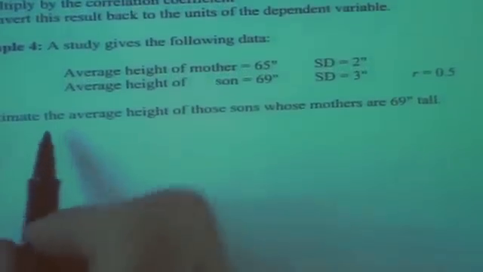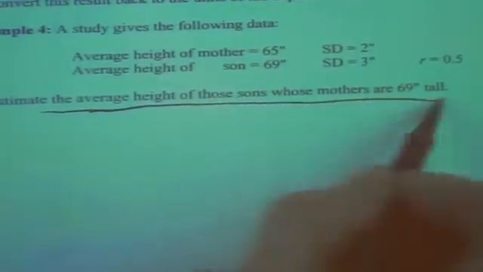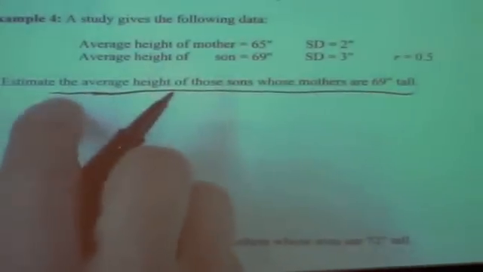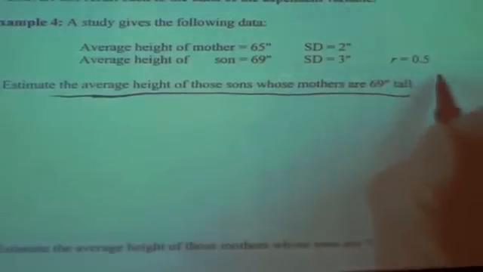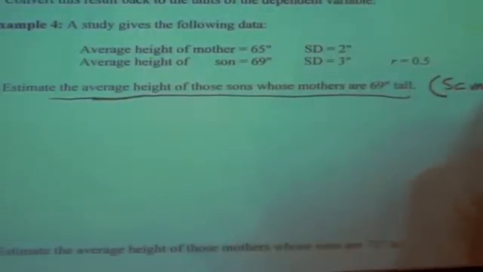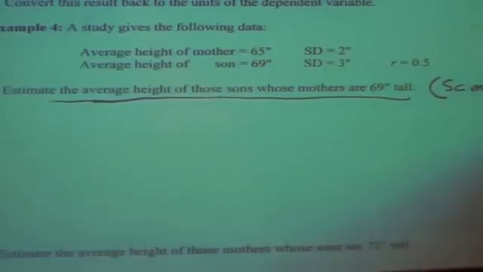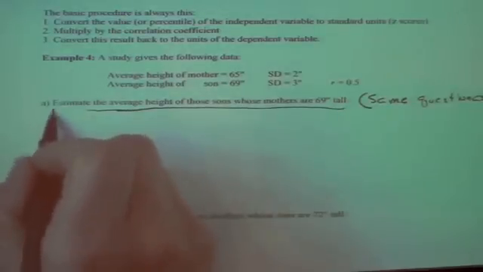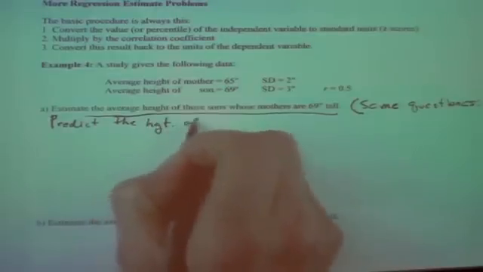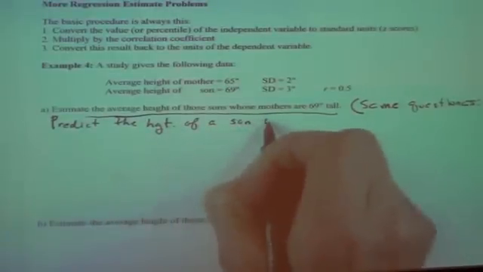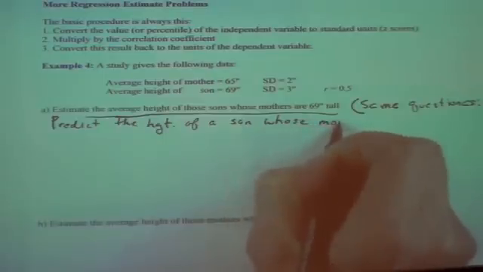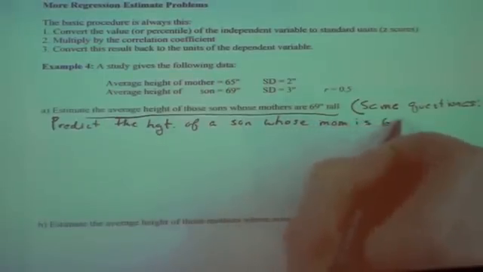Now, don't get fooled by this language. This is exactly the same question as, I could phrase it like this: predict the height of a son whose mom is 69 inches.